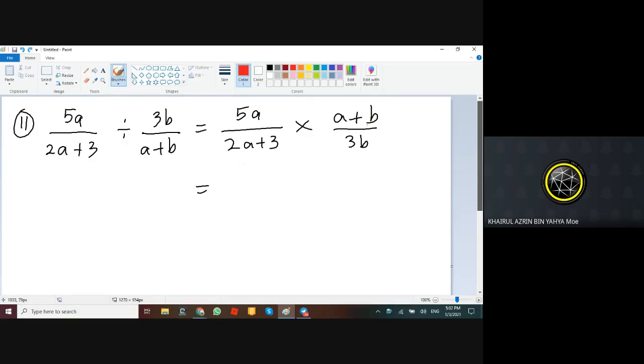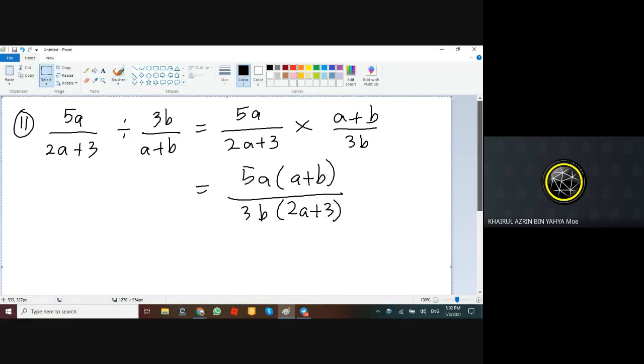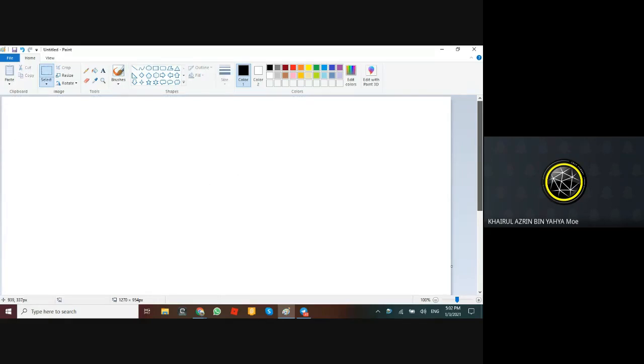So the answer should be like this. 5A, A plus B. Down here, we write 3B first. 3B, 2A plus 3. This is the answer for question 11. Question 12.